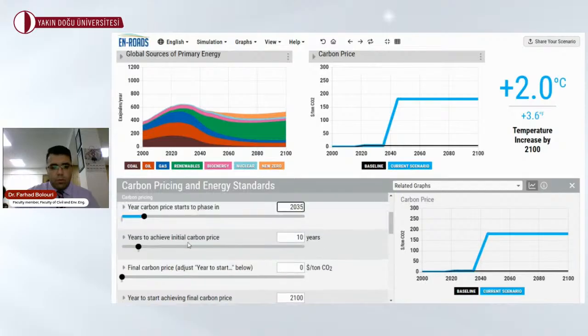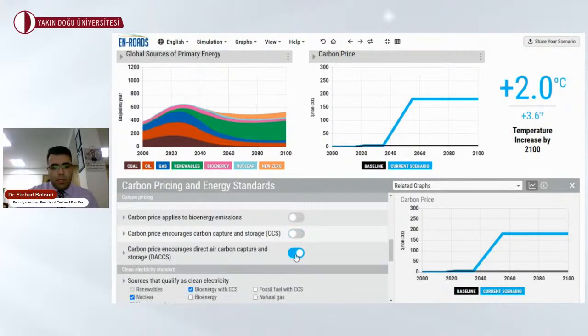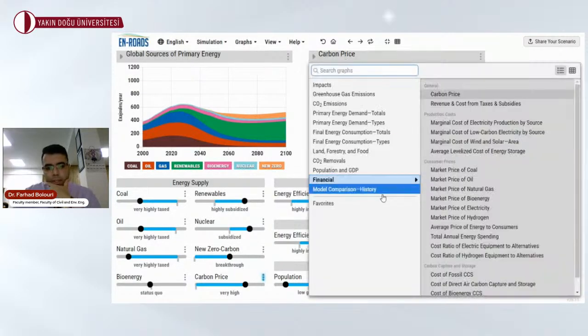And years to achieve initial carbon price, not 10 years, for example, it took 20 years. And all of these policies you can change from here. You can mention these ones I don't have and the other things. This is about the carbon price because it is such an important policy even for you.